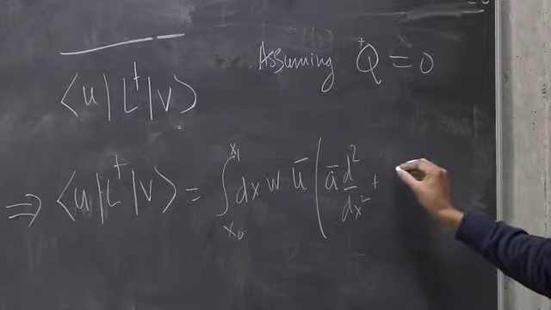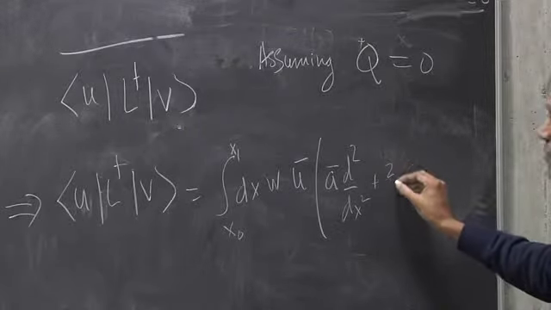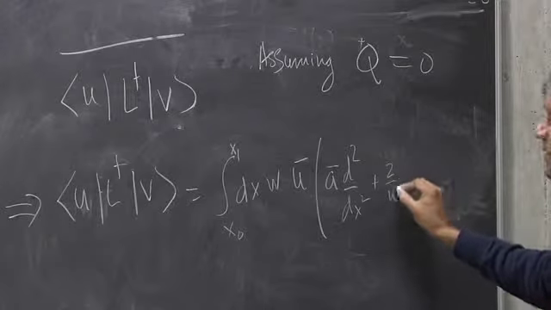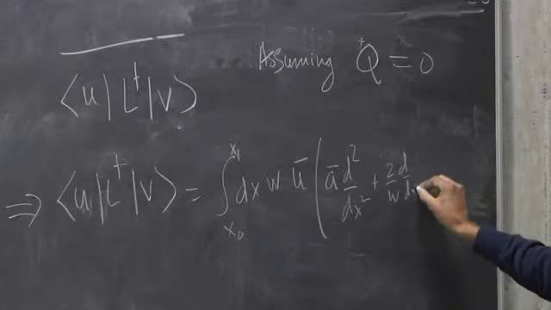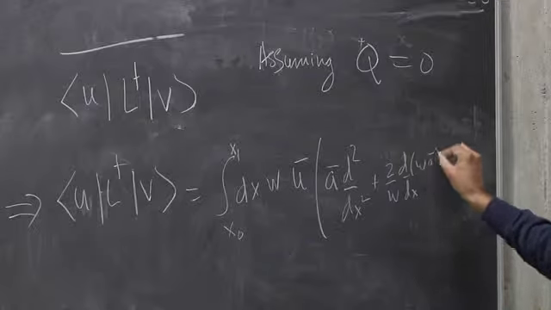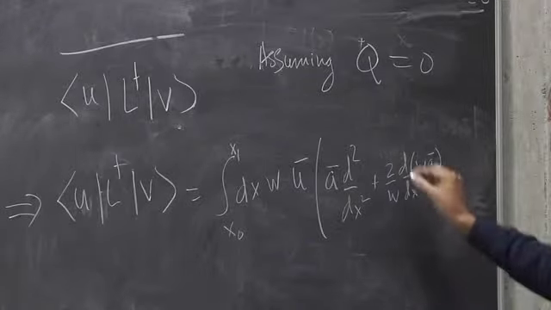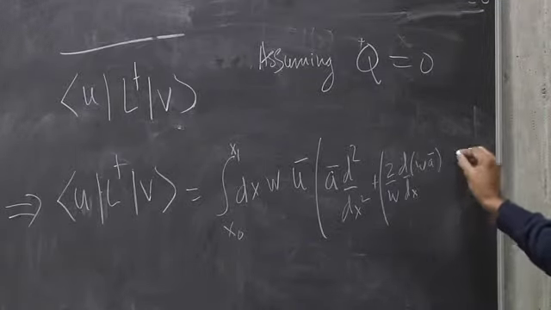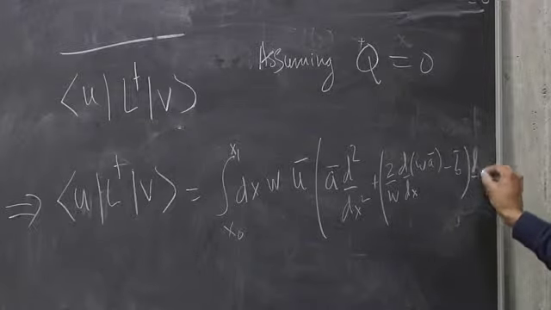plus 2 over W, W is real, d by dx of W A bar, minus B bar d by dx.